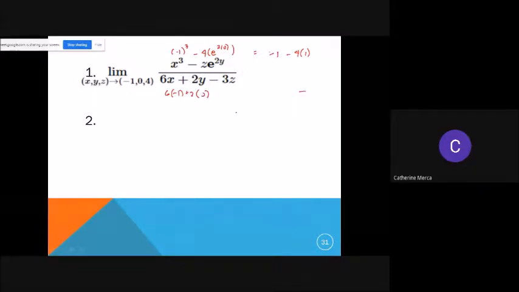Minus 3 times z there is 4. What is this? -6. Wait, kasi ang ballpen ko hindi function properly. So that should give you actually, sa ubos kay, -6 plus 0, so -12.